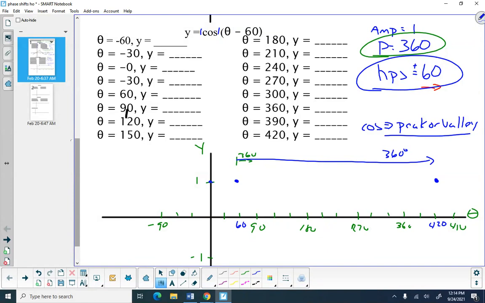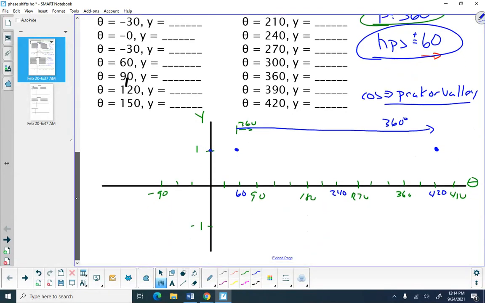So at 240 degrees, between any two peaks, we will have a valley at -1. Between a peak and a valley, or a valley and a peak, we will be on the prime axis with the cosine curve. So we play our games of halves between 60 and 240. Add them together.